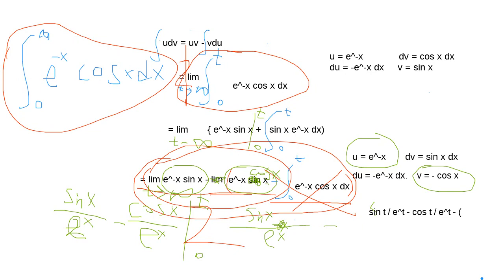Sine 0 is 0, right? Forget about it. And then minus negative cosine 0. Cosine 0 is 1. 1 over e to the 0, which is 1. So which is minus 1 here.